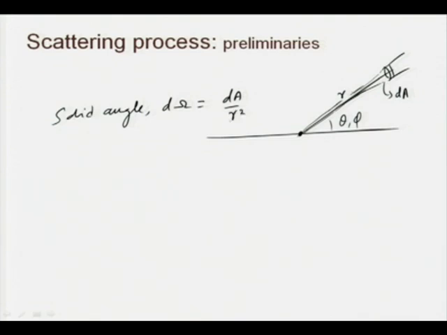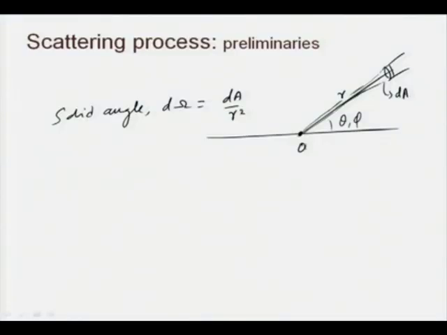It is like this, you take the section of the sphere as approximate the area dA as part of a sphere with center O, the scattering point, and radius r. Okay.